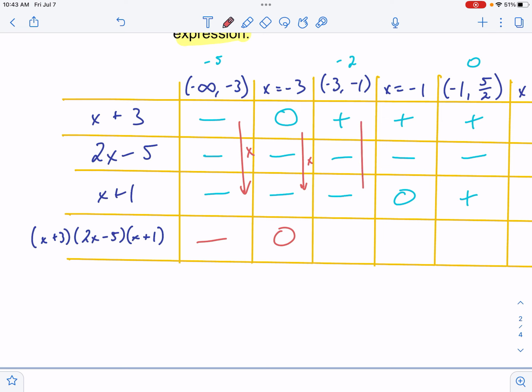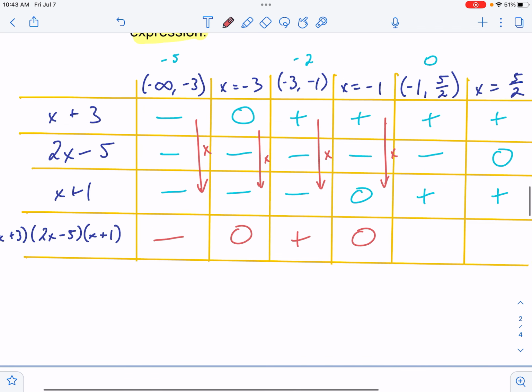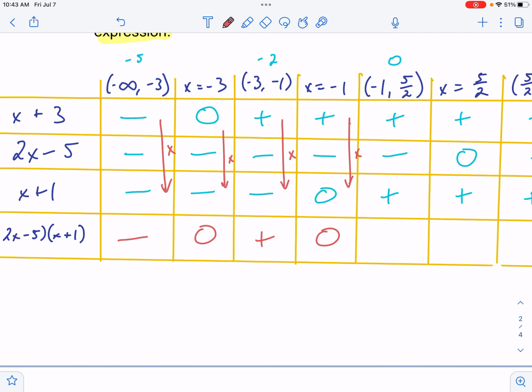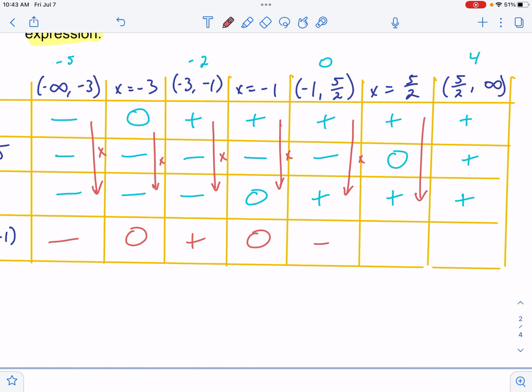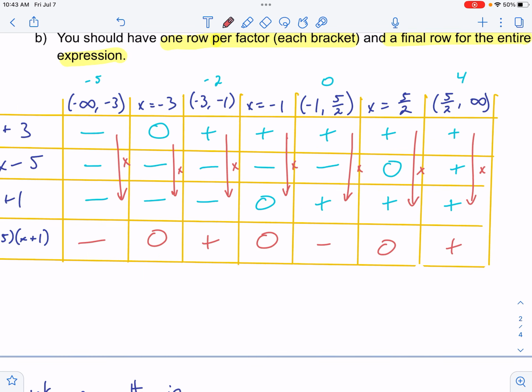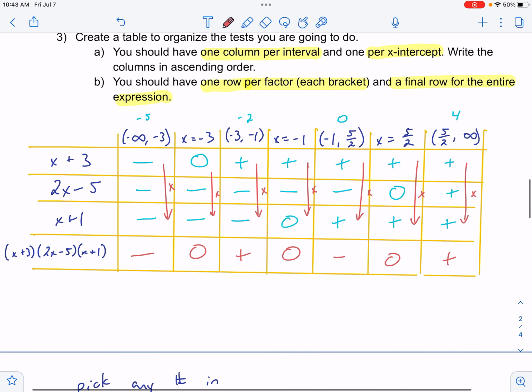A positive times a negative times a negative is a positive. A positive times a negative times 0 is 0. A positive times a negative times a positive is a negative. A positive times 0 times a positive is 0. Positive times positive times positive is positive. Bingo, bango, bongo. We have completed our table.